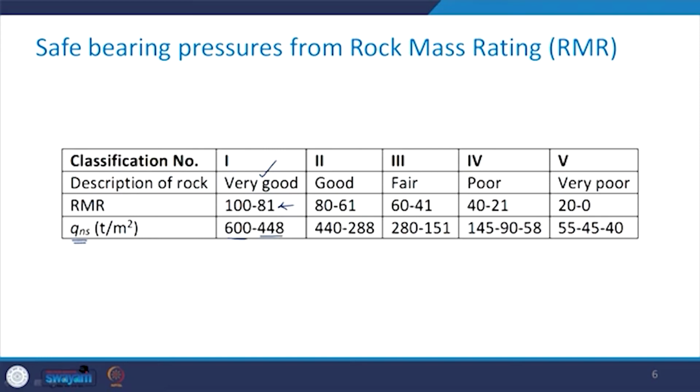Likewise, for good, fair, poor or very poor rock mass quality, based upon their respective values of the rock mass rating, you can pick the appropriate value of QNS in ton per meter square from the last row of this table. So this is how you can obtain the safe bearing pressures from the rock mass rating.